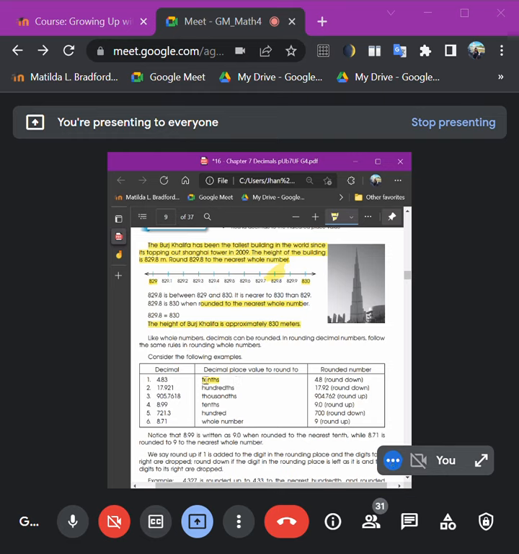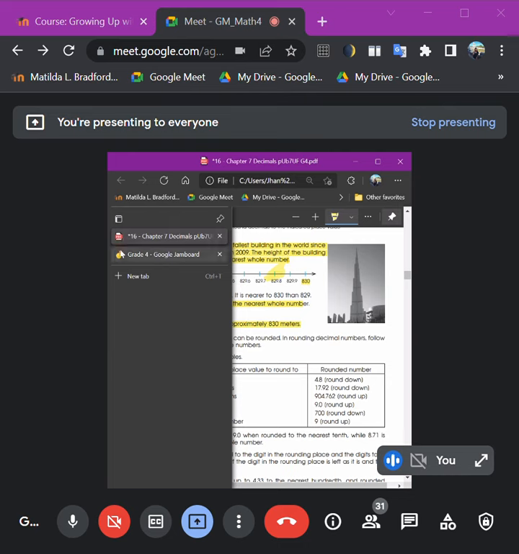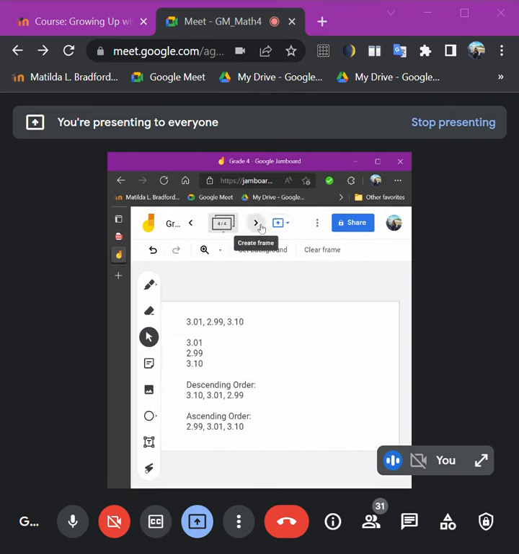If you are asked to round to the tens place, you're going to look for the tens place in your 4 and 83 hundredths. Where is the tens place, class? In 4.83, it is 8. Okay, very good.